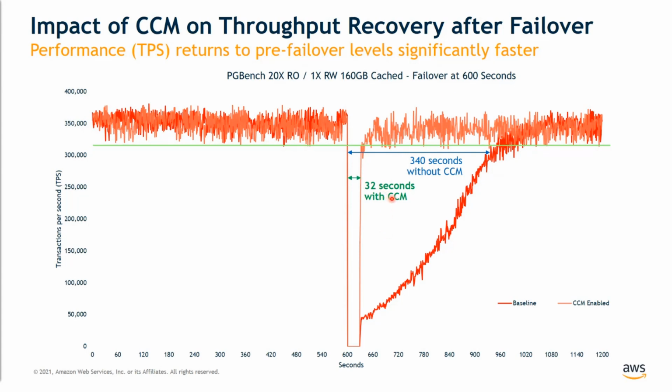With cluster cache management, we can keep that time to an absolute minimum, about an order of magnitude faster before the cache hits a point where you're able to sustain the queries per second that you were seeing before the failover, right? So super useful capability.